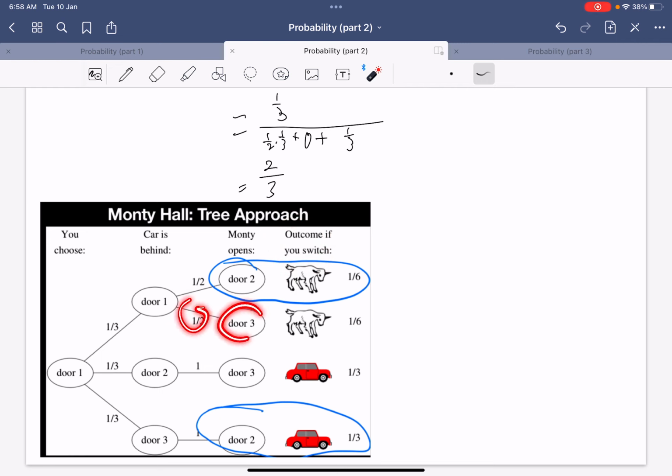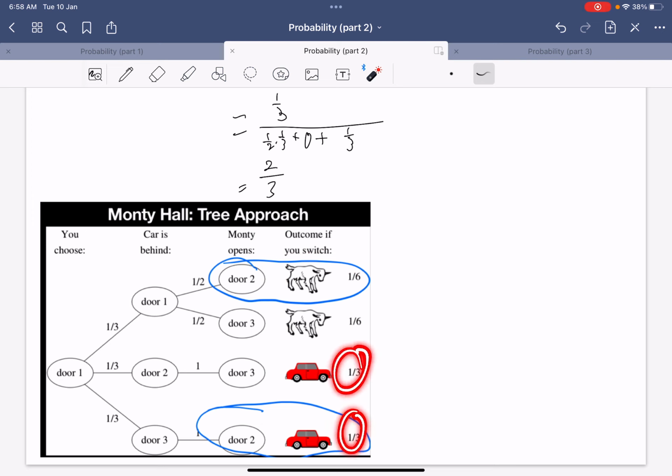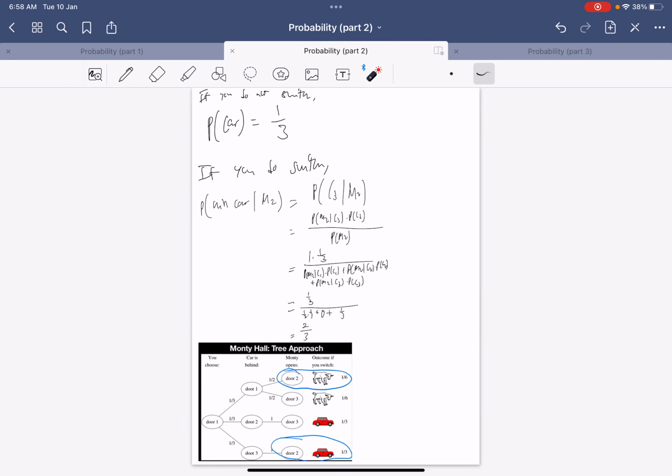If you switch and you get a goat, it's also 1/6 here. So the total probability of getting a goat is 1/3. But in either case, the probability of getting a car is 1/3, and so the total probability of getting a car is 2/3 now. So the outcome of switching is more favorable to getting a car, and thus it leads to the reasoning of why you should switch.